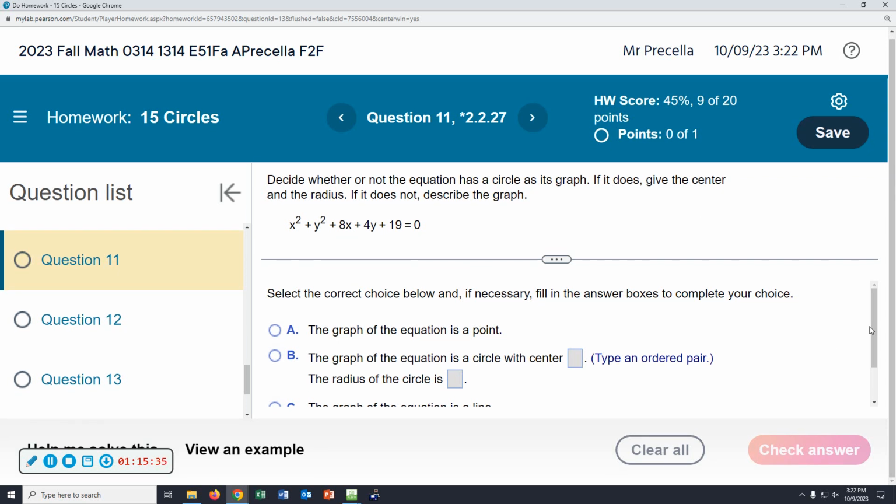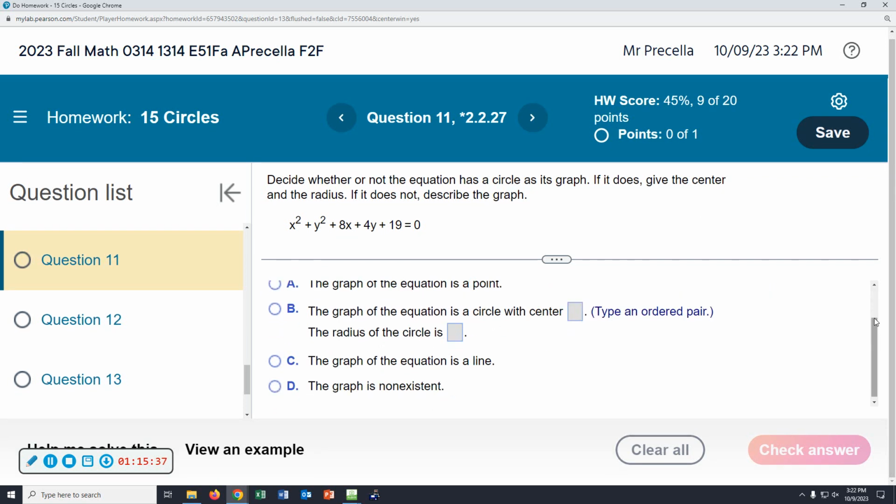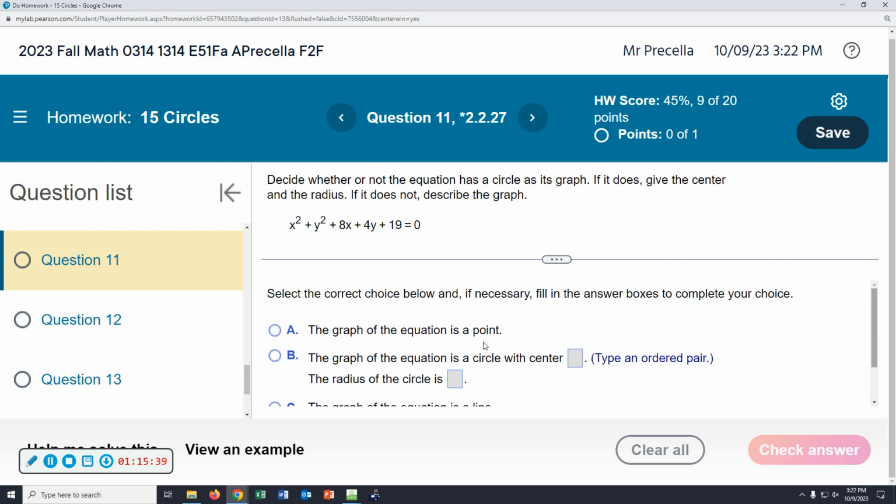This is the stuff I was talking about, referring to earlier. Look at what these options are. Well, let me write the problem down first.